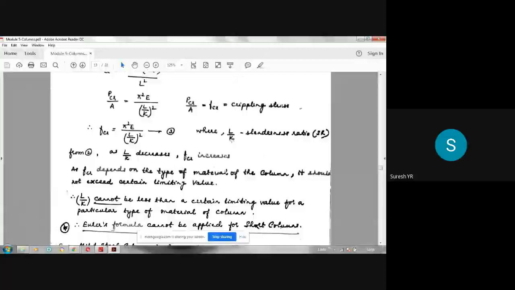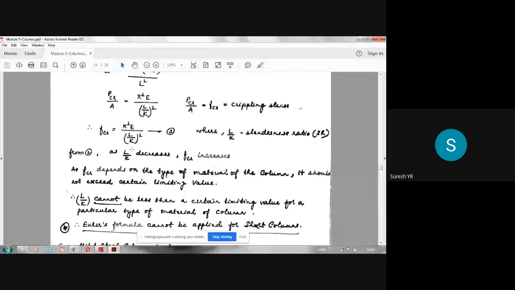So you can see, if you call this equation 2, from equation 2, as L by K decreases, FCR increases. L by K is there in the denominator, so then FCR will increase. Because pi and E are constants for a given material of the column. FCR depends on the type of material of the column, so it should not exceed a certain limiting value.